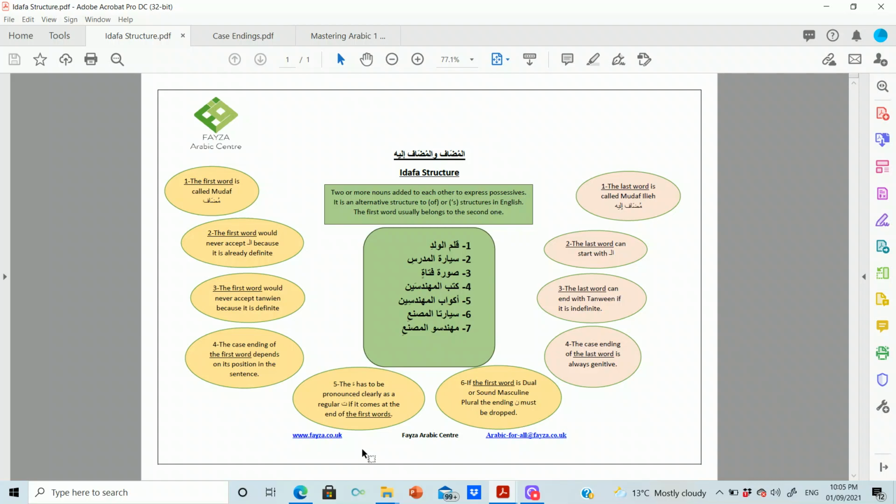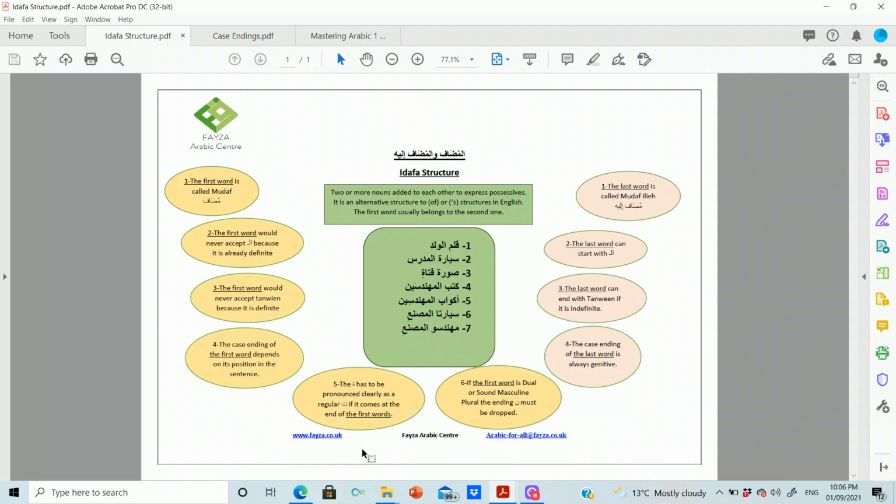So the pen, despite the fact that it does not start with alif lam, is definite. And we have seen in another video how a word can be made definite in different ways. So alif lam is not the only way of making a word definite. So this is why the first word can never start with alif lam, because it is already definite and you cannot make a word definite twice.